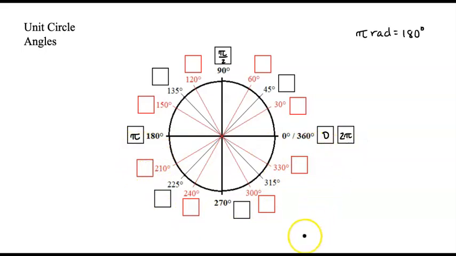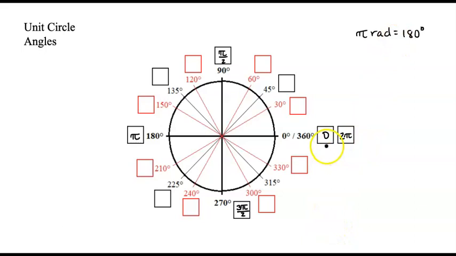Halfway between pi and 2 pi is 1.5 pi, and we're going to call that 3 pi over 2. And all the measures, when we talk about radians in the unit circle, they're just going to be simplified fractions.